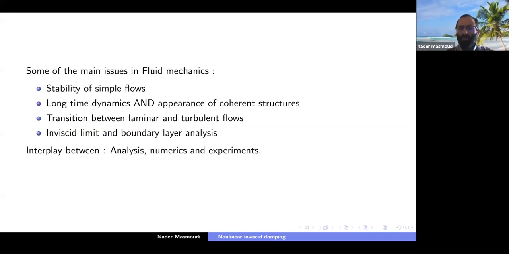Many results also dealing with the KAM theory. Another kind of result about the transition between laminar and turbulent flows, and also problems related to the inviscid limit, boundary layer analysis, and so on. And usually in all these kind of problems, we have nice interplay between analysis, numerics, and experiments.